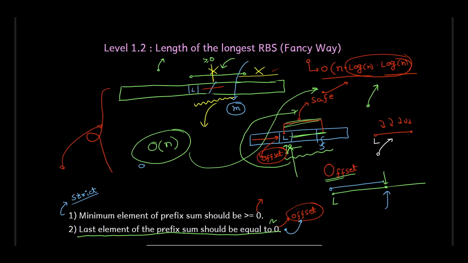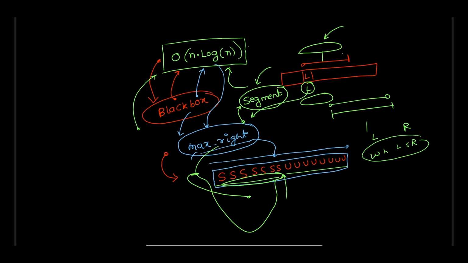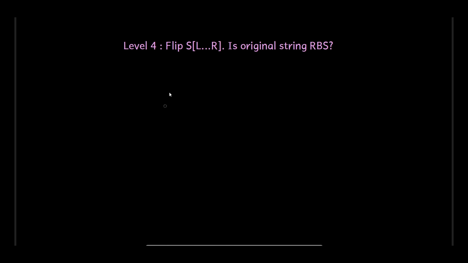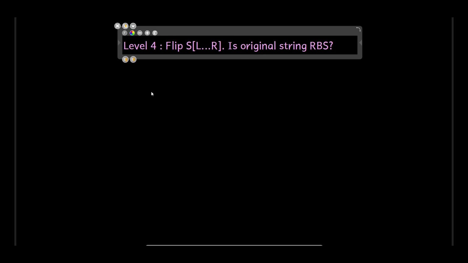So let's talk about level 4. Flip this subarray: is the original string an RBS? And what do I mean by flip? I don't mean reverse, I mean flip.